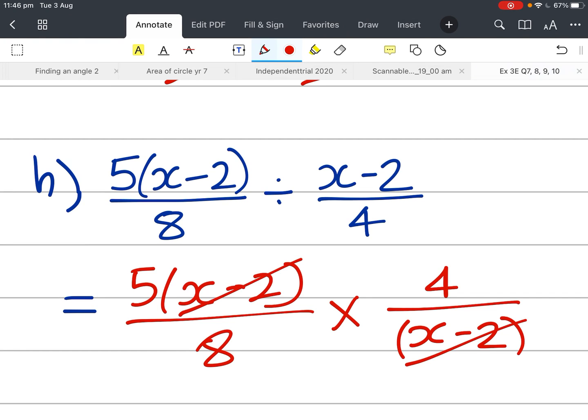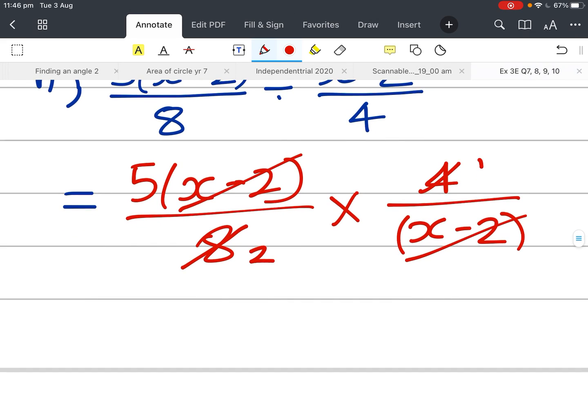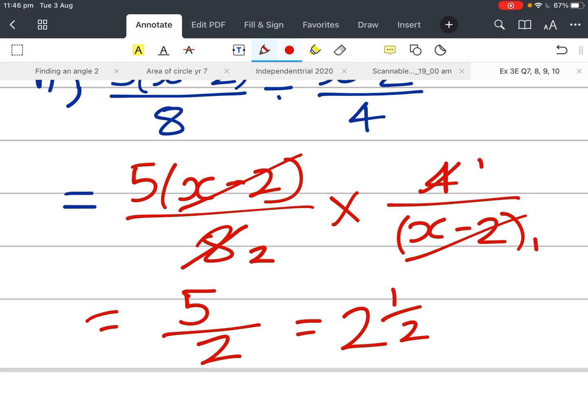Cancel those out. I've got a 5 on top, 4 on top, and an 8 on the bottom. I know 4 goes into 4 once, 4 goes into 8 twice. What am I left with? 5 times 1 on the top is 5. 2 times, remember that's just the same as a 1. 5 over 2. How many 2s fit into 5? Hopefully you said 2 with 1 left over.